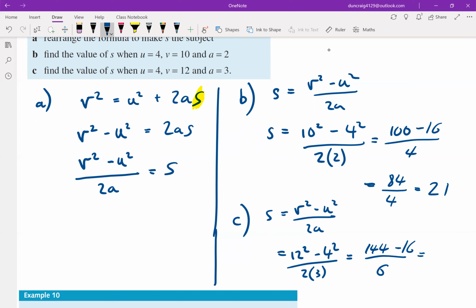So that's going to be 128 all over 6. I'll do that in my head. Well, is that right? I think so. 6 goes into 120 20 times, so we're going to get 21 and a third. We should just use a calculator. Let me just check that on my phone. 128 over 6, 21.3. Cool. Alrighty, so we got that there.